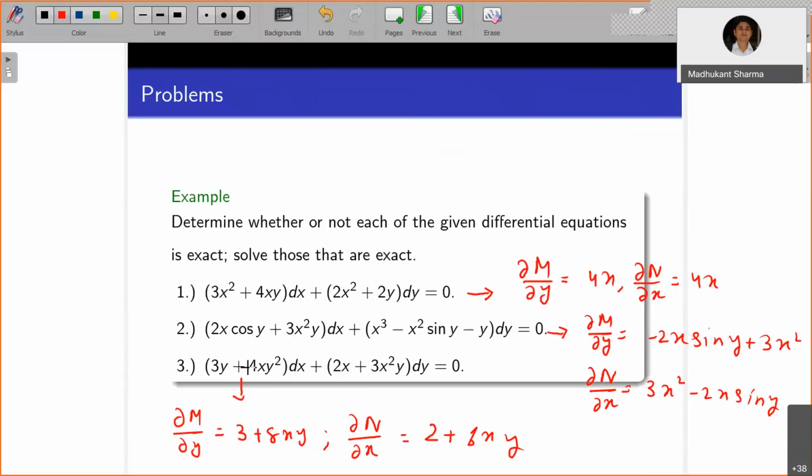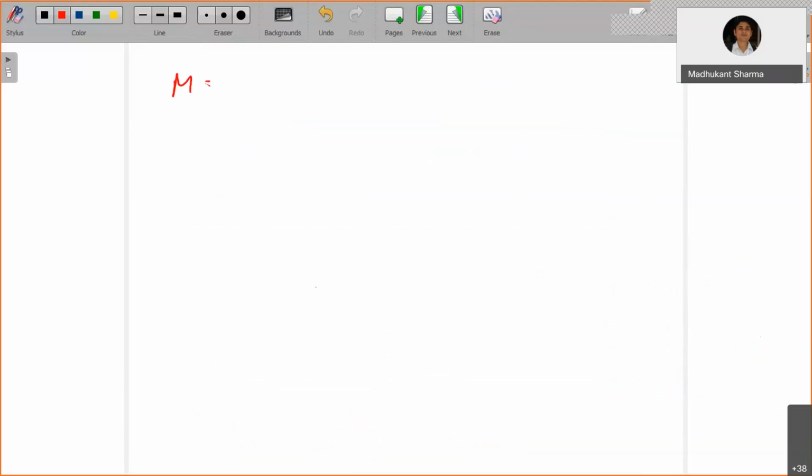Now what you can see here is M is equal to 3y plus 4xy square. I can certainly take y out from here, and what remains is 3 plus 4xy. And N is 2x plus 3x square y.